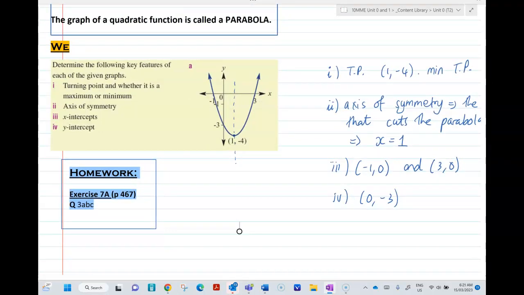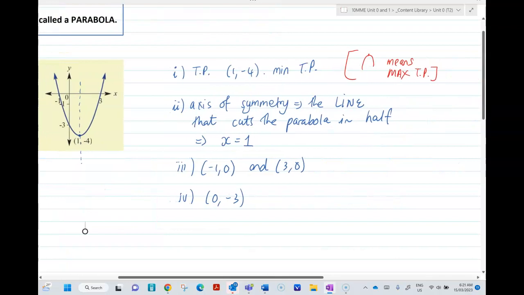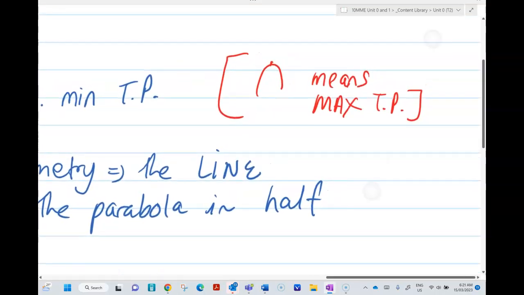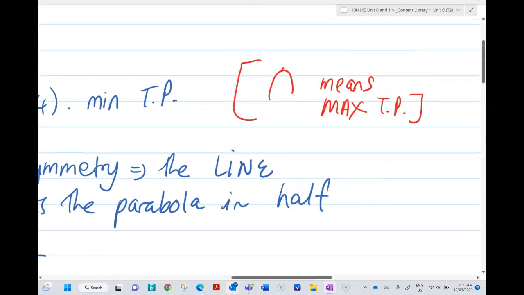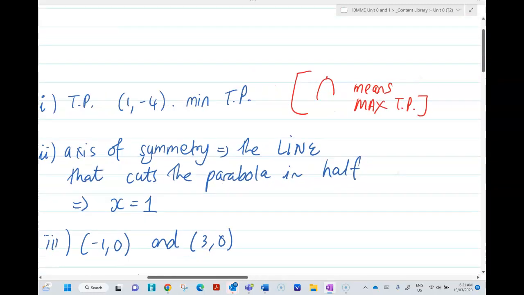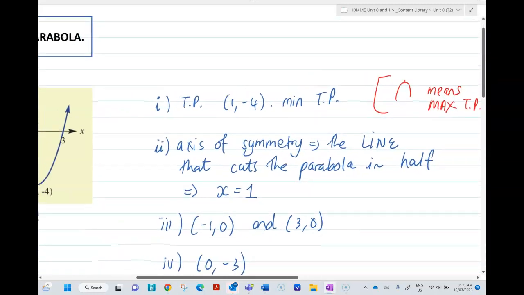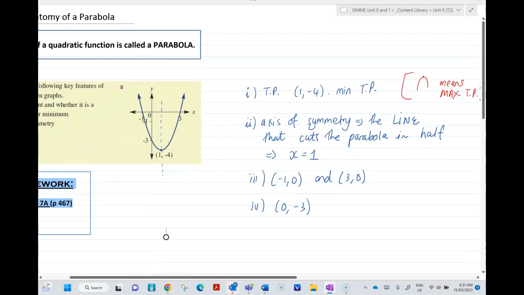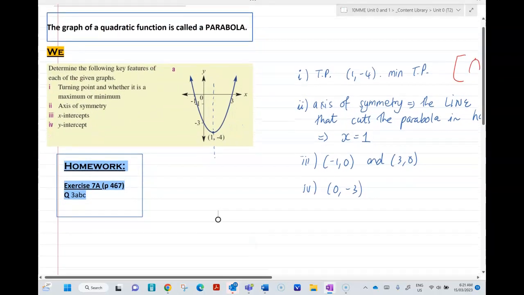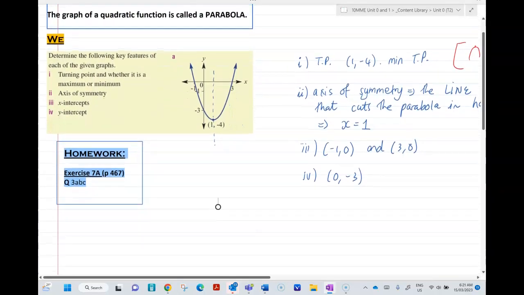It is called a minimum turning point because that's the lowest point in the graph. If the parabola was upside down like this, then you would have what we call a maximum turning point because that turning point will be the highest value of the graph. So please just write that down. For this particular question, the turning point is (1, -4), and it's called a minimum turning point.